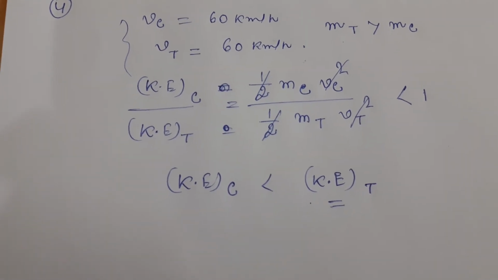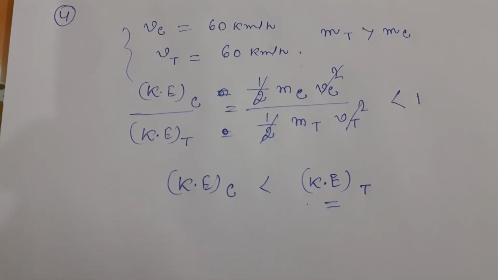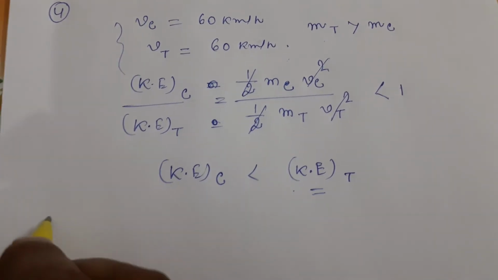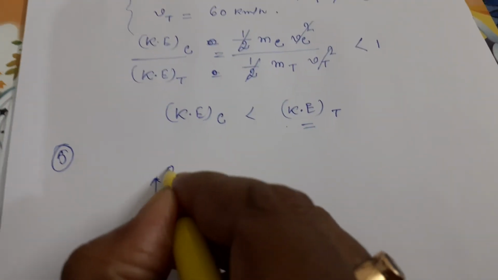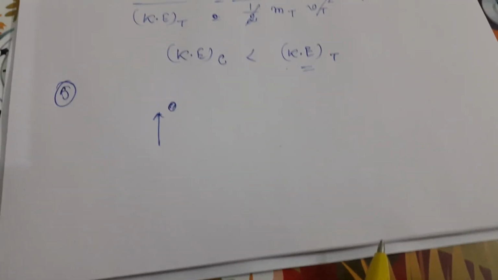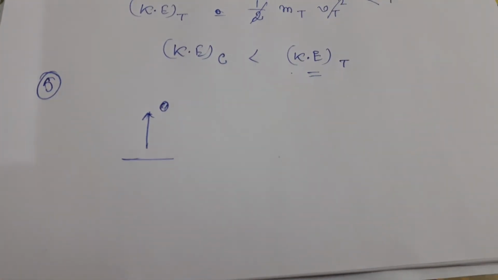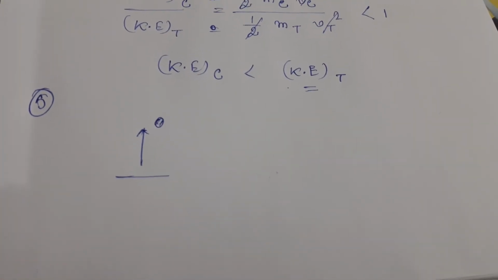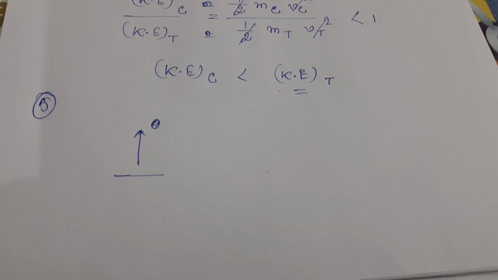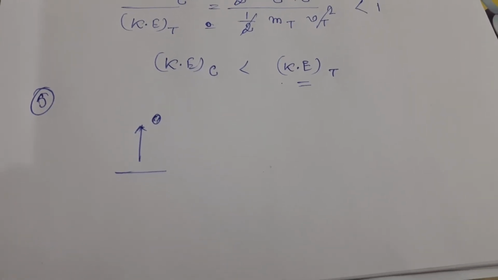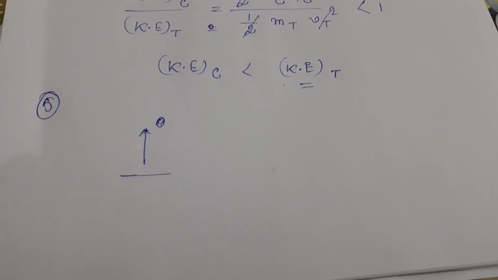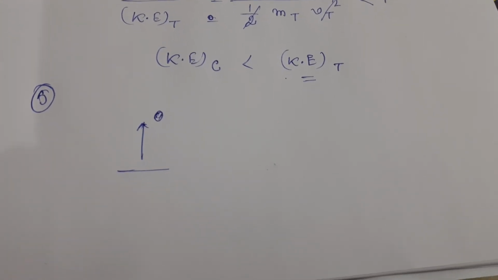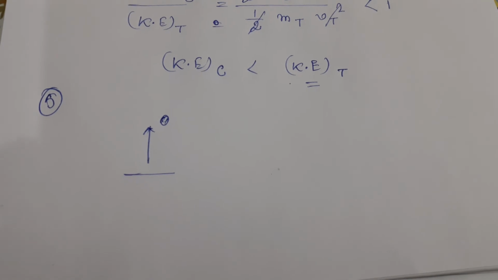Next question, number 5: a ball is thrown vertically upward from the ground and its velocity goes on decreasing. Write the change in kinetic energy when its velocity becomes zero. When the velocity becomes zero, the kinetic energy will also become zero.